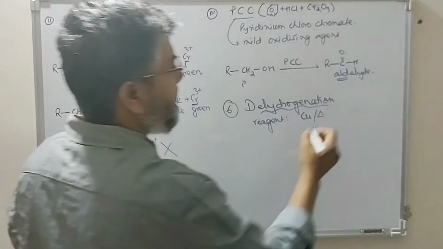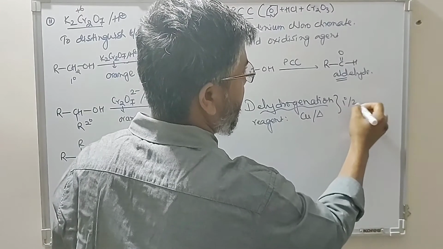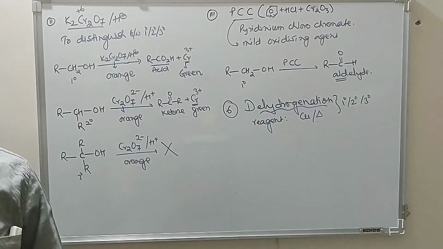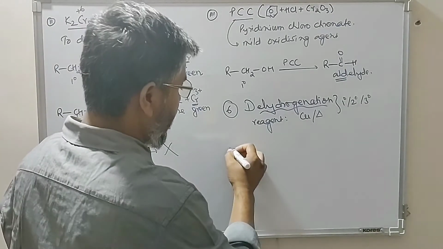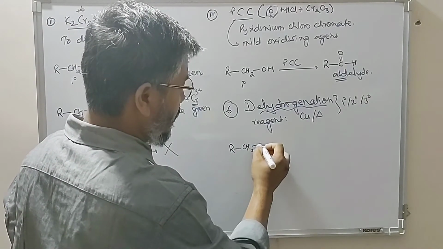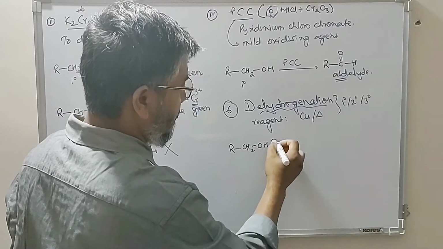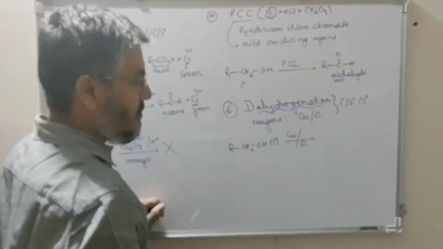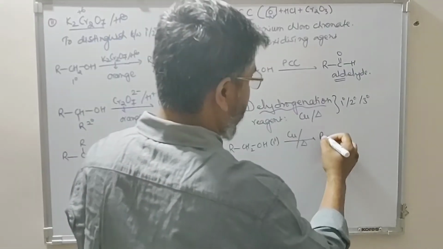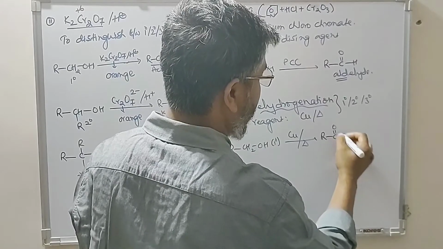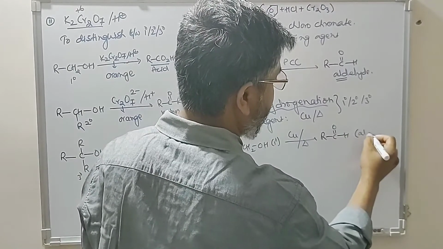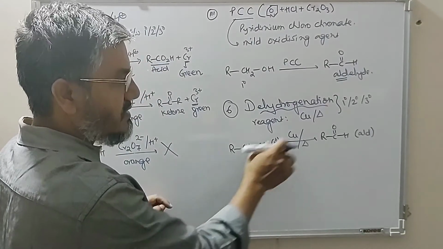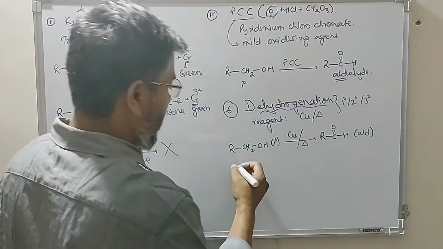Again, this reaction can be used to distinguish primary, secondary and tertiary alcohols, because these give different products. Starting with RCH2OH, this is primary. All primary alcohols on heating with copper powder give the corresponding aldehyde. Hydrogen from OH and C is removed to give aldehyde.